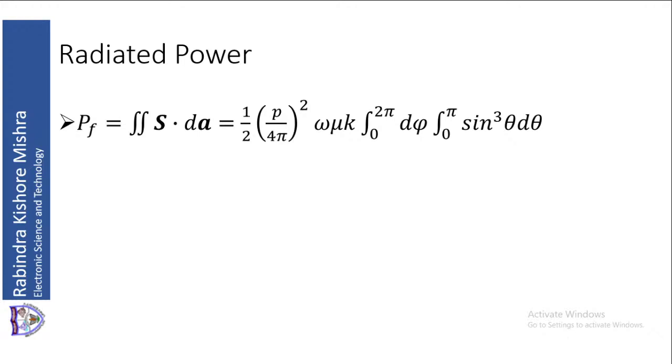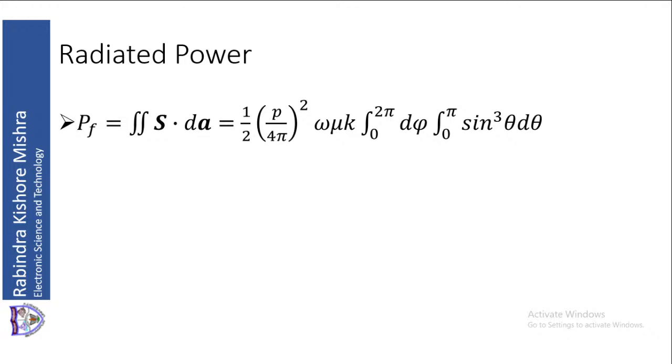So P_F in the far field will be equal to the integration of S dot dA, which will be 1 by 2 into P by 4 pi into omega mu k into dA, integrated from 0 to 2 pi over phi, and 0 to pi over theta, sine cubed theta d theta.